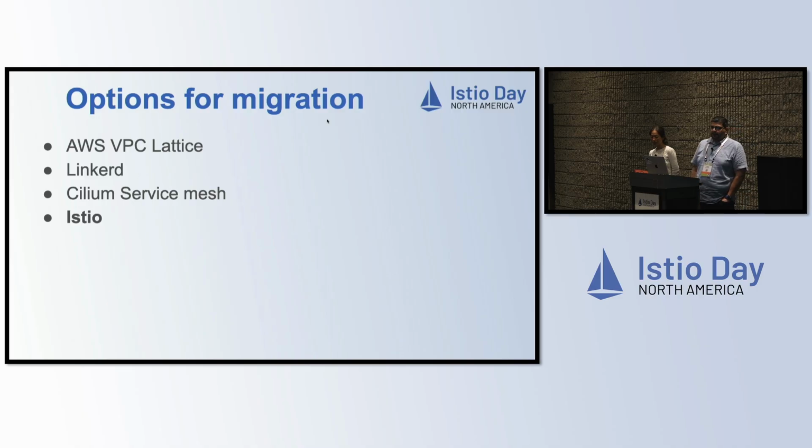But we ended up not using AWS VPC Lattice because it was very new at that time, and it also lacked many of the features that we already have by using App Mesh. And also, to be honest, App Mesh was not the first and is not the last AWS service that was deprecated after we adopted it. So we just did not want to go to VPC Lattice and end up with a deprecated service again.